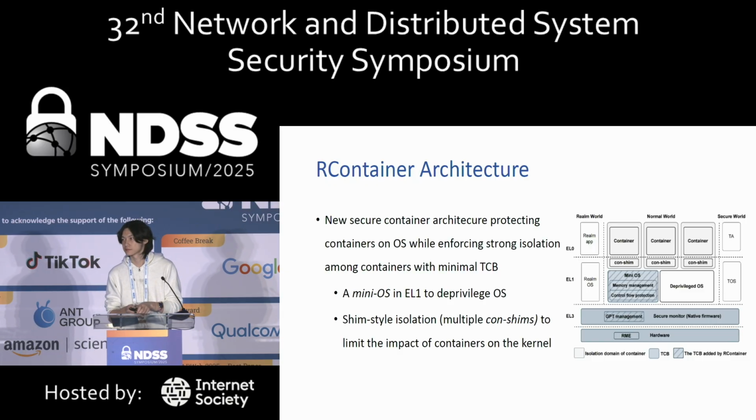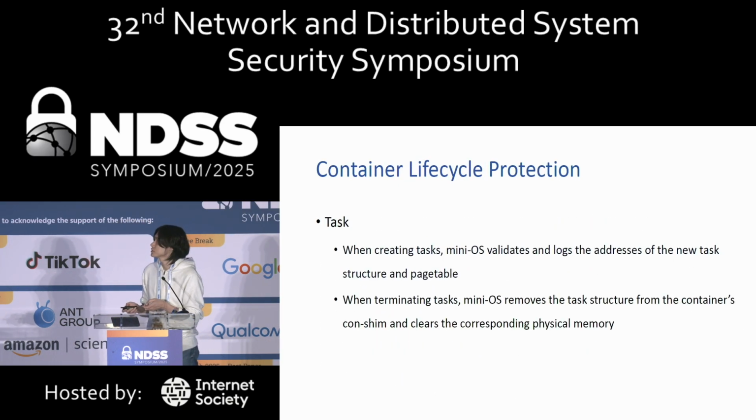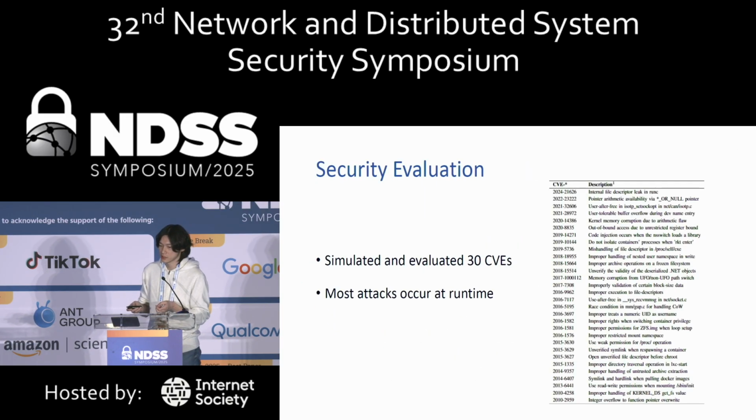So you also mentioned some CVEs. Are those your motivation, or can your system defeat those kinds of attacks and bugs? I was also confused there. It's about the 30 CVEs. From these CVEs, we found that most attacks occur at runtime.